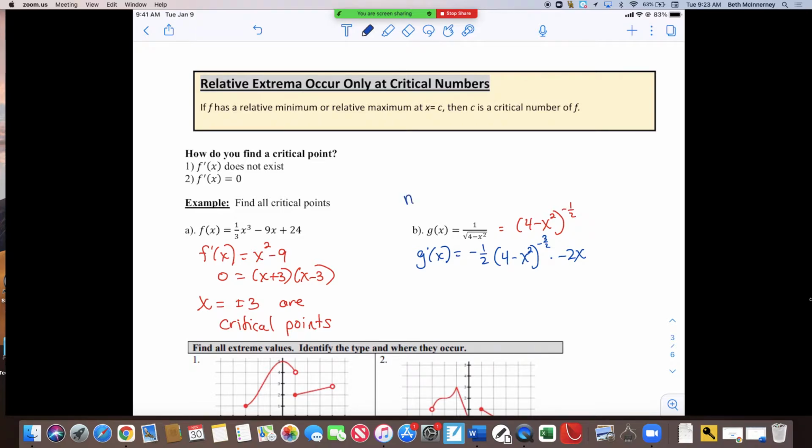Now, you do need to make a note here. In g of x, the domain, x cannot be plus or minus 2, because that would cause me to divide by 0.